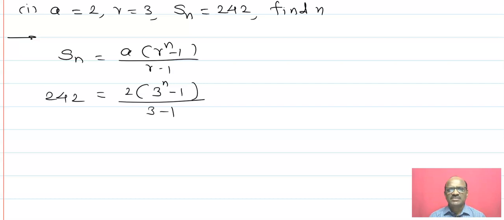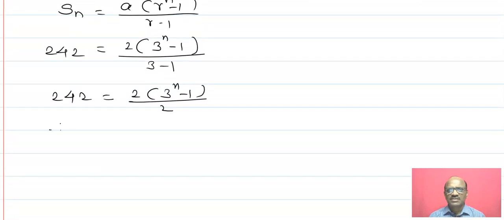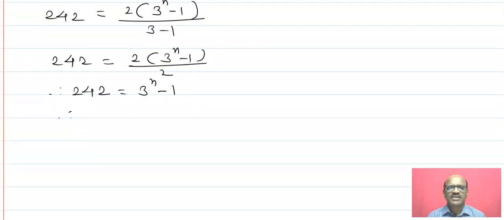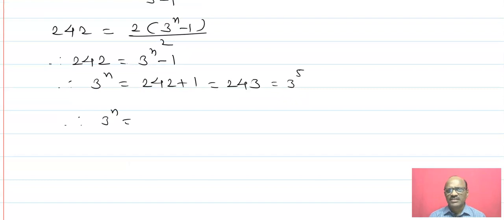Therefore, 242 is equal to 2 in bracket 3 raised to n minus 1. That 2 gets cancelled. Therefore, 242 is equal to 3 raised to n minus 1. And that's why 3 raised to n is equal to 242 plus 1. That is 243, which is 3 raised to 5. Therefore, n is equal to 5 here.